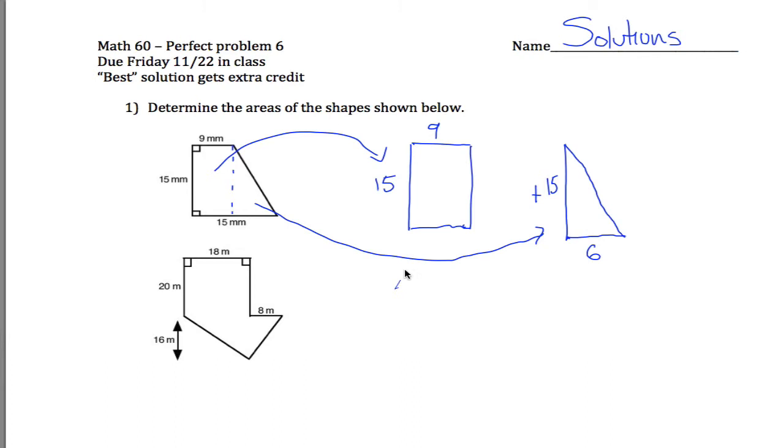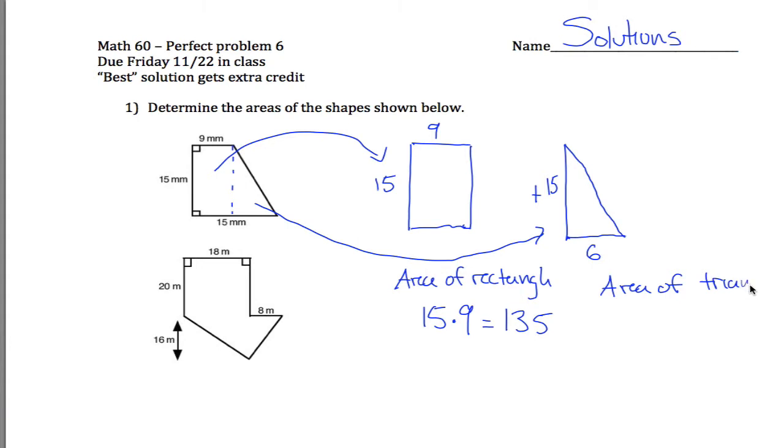Let's see, area of the rectangle is going to be 15 times 9, which is 135. And the area of the triangle is 1/2 times the base, which is 6, times the height, which is 15.